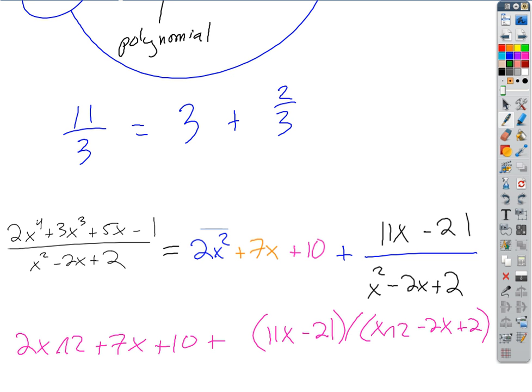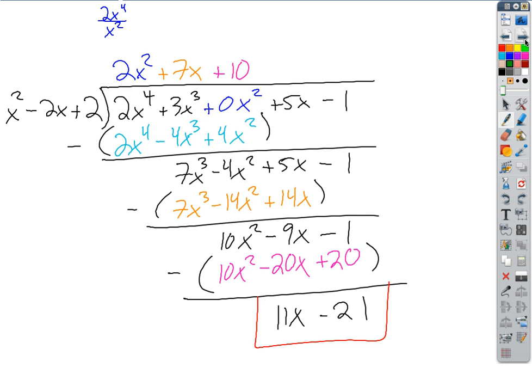Just like we would have said that 3 is a factor of 12, because 3 times 4 is 12, if there is no remainder, doesn't that mean that the polynomial on the bottom is a factor of the top? Okay, so that's really key. That's going to be a big deal to us.